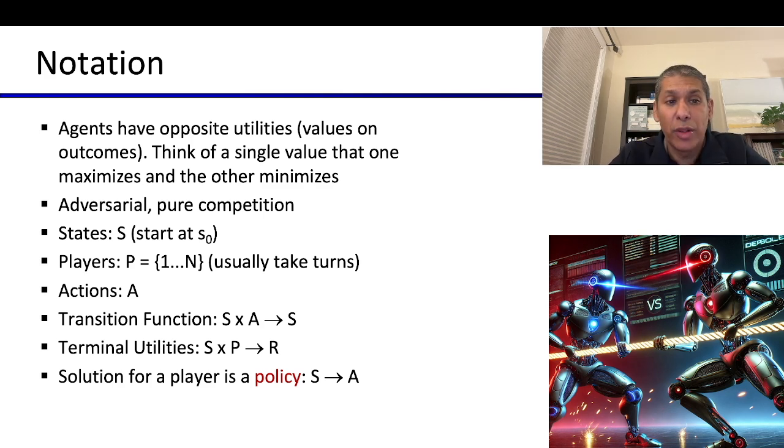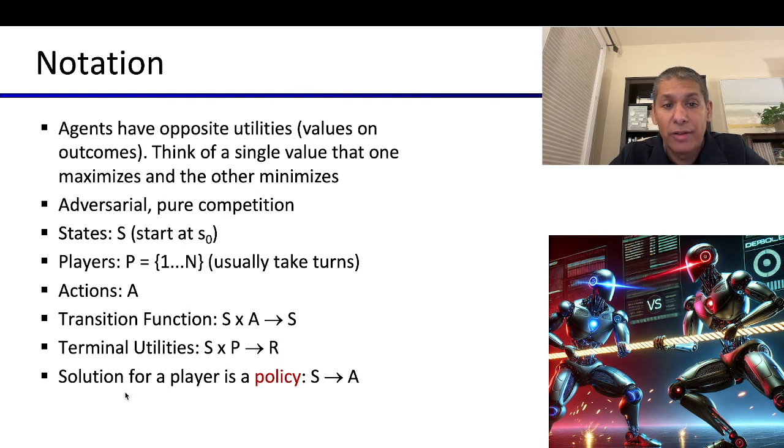So the transition function is a mapping from S cross A, the Cartesian product of S times A, to the result, which is an S. Similarly, the utility is that for each state we will have the player P and the final result R.